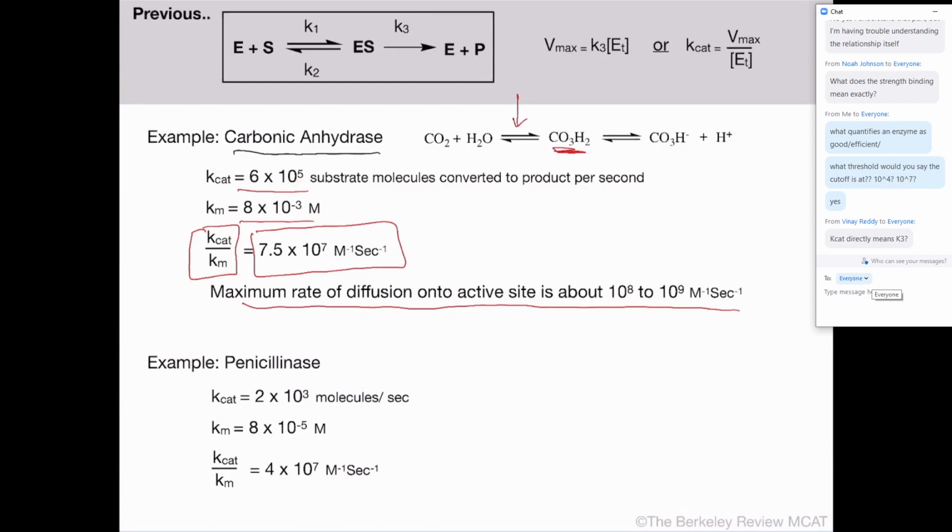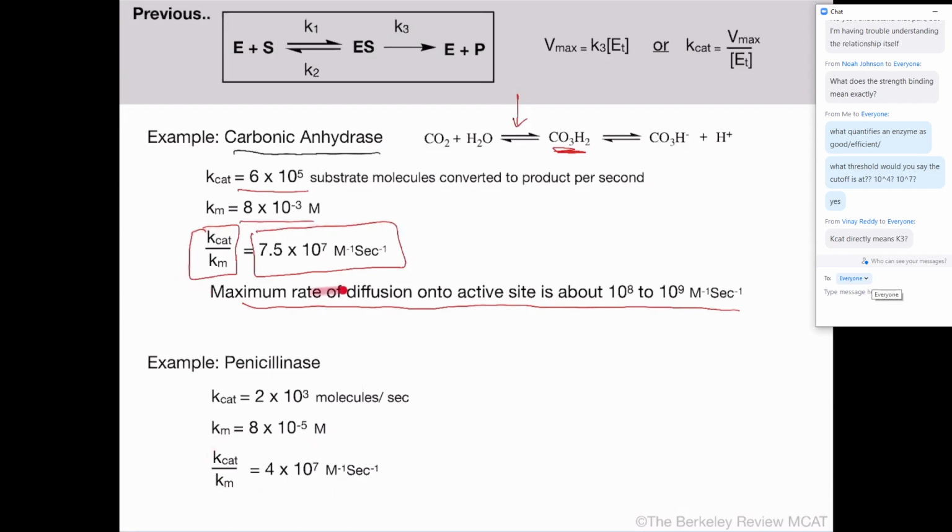So you might think that penicillinase is actually a worse enzyme than carbonic anhydrase, a less efficient enzyme. However, you'll notice here that the Km is 2 orders of magnitude smaller than the Km for carbonic anhydrase. So it turns out that they're actually very similar enzymes. They both have the same amount of efficiency.